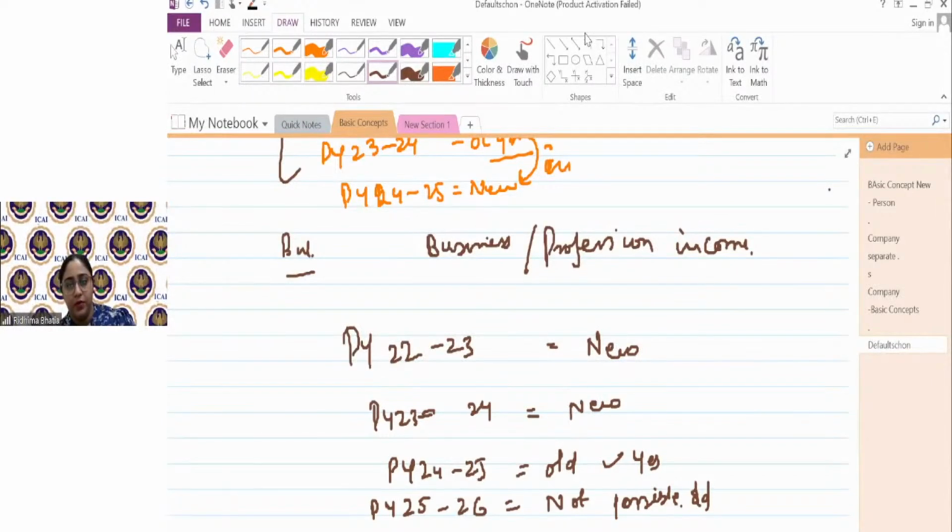For the old scheme it is not a section. The old scheme's tax rate comes through the Finance Act, which I just told.